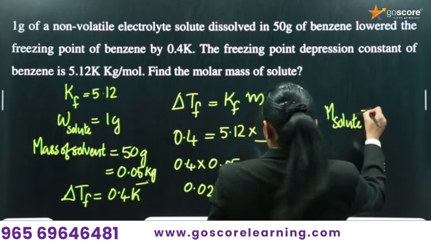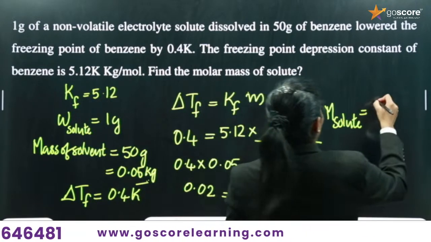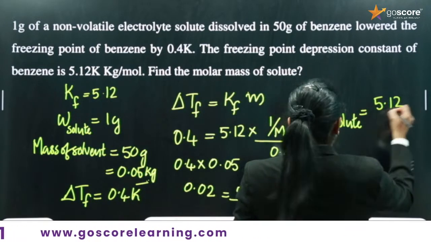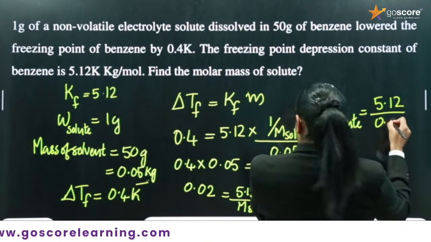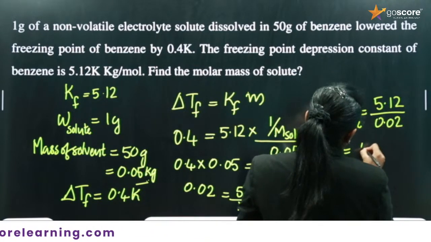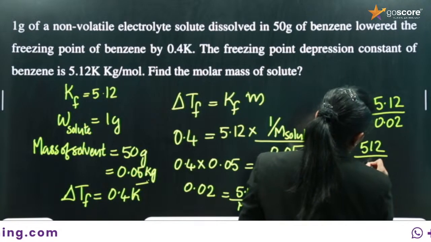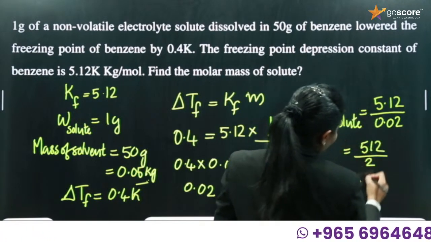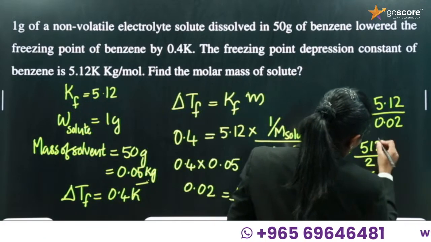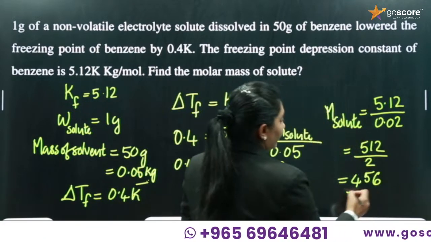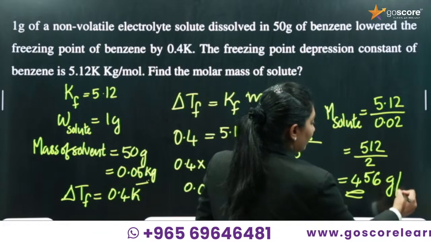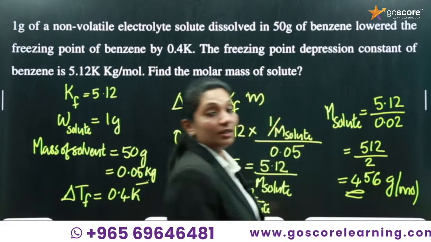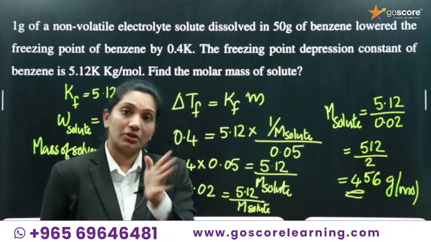Find out, it's nothing but 5.12 divided by 0.2, that is by 2, we will get the value 36 gram per mole will be the molar mass.